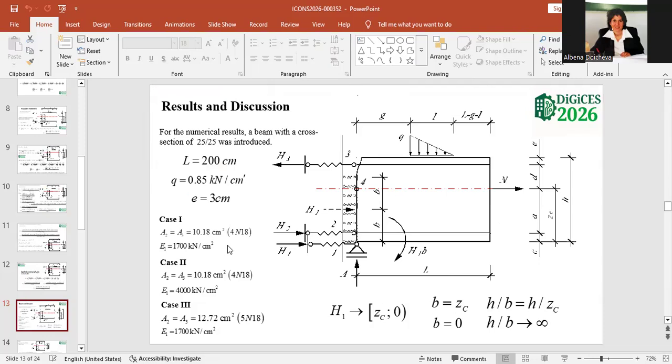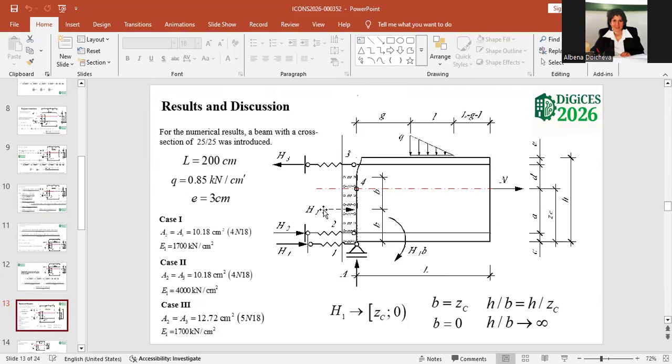And the third case is when we have again normal concrete, but we have 5 and 18 as the count of reinforcement bars in the top and bottom position of our beam.